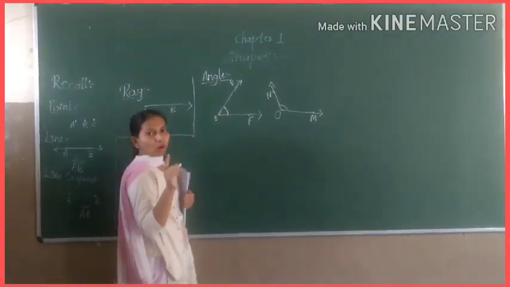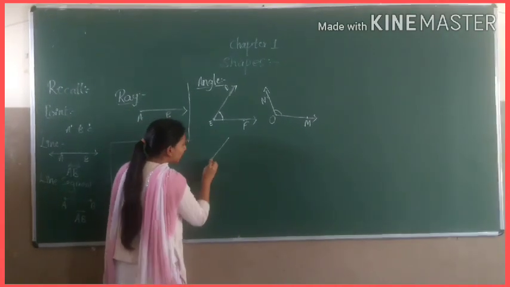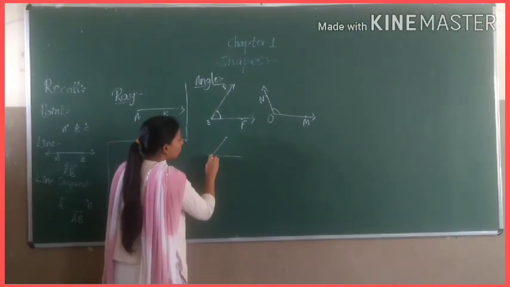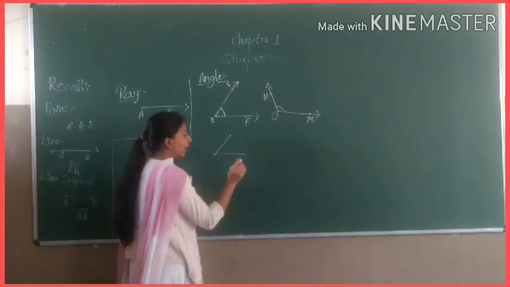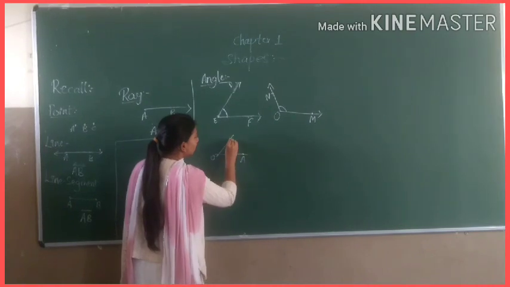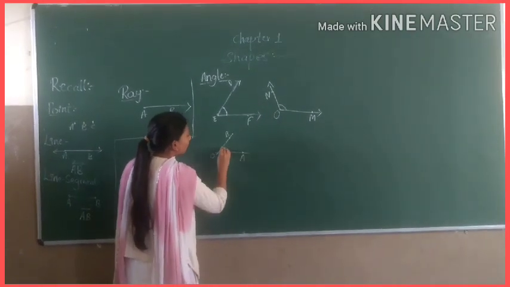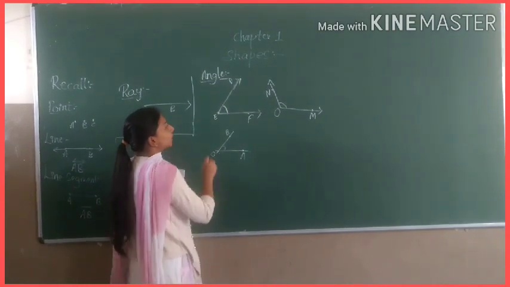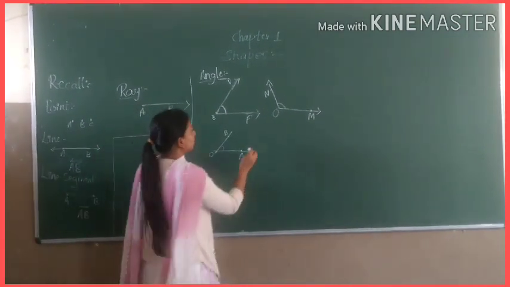Angle can also be formed when two line segments cut at each other. Like, see here. The two line segments have a definite length, right? So when the two are cut at each other, then it forms an angle, right? This is an angle. How can we denote it?